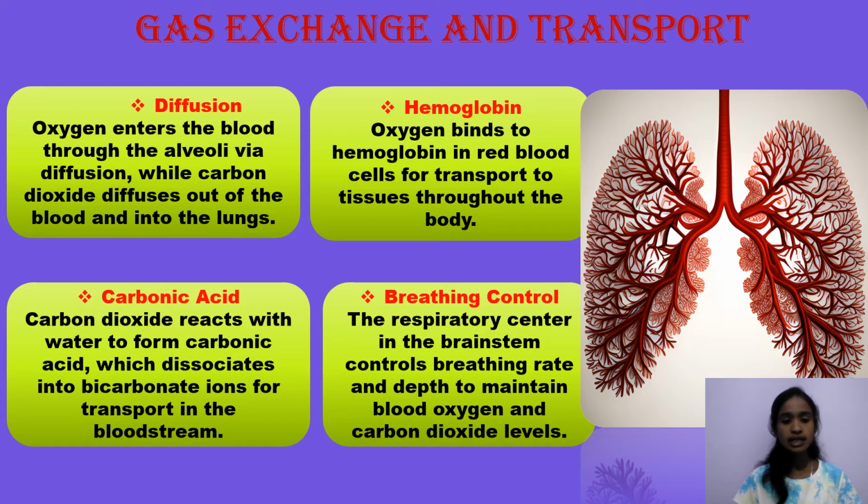Carbon dioxide reacts with water to form carbonic acid, which dissociates into bicarbonate ions for transport in the bloodstream. Breathing control. The respiratory center in the brainstem controls breathing rate and depth to maintain blood oxygen and carbon dioxide levels.